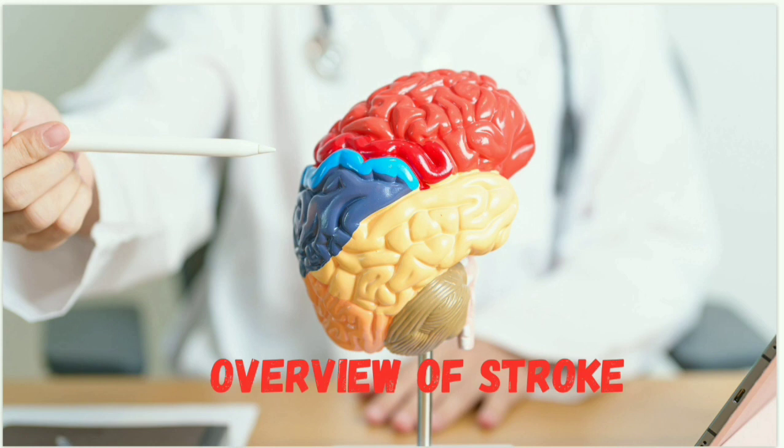So stroke actually occurs when an artery to the brain becomes blocked or it ruptures. Just like every body part, the eyes, the nose, the heart, the lungs, they are supplied by blood. In the same way, the brain is supplied by blood vessels too. Think of it like this: there's a pipe that takes blood to the brain. That pipe can be blocked, probably by a blood clot.